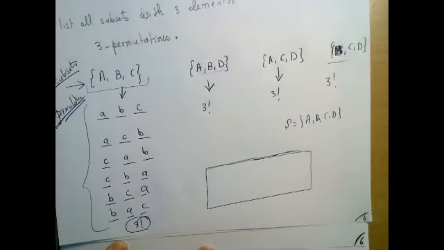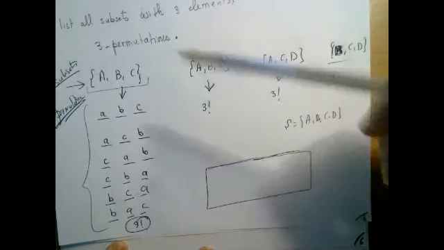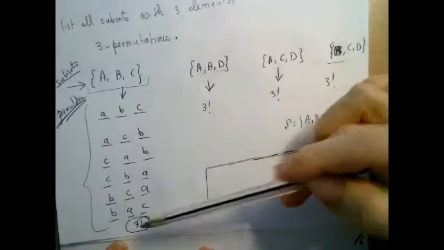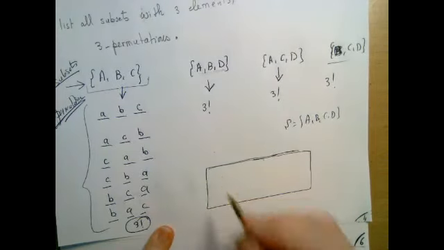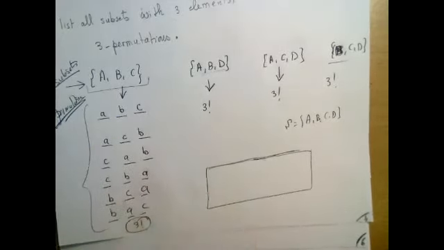Can anybody see any relationship between them? Using this example, I don't want anything else. Every subset, I have 3 factorial permutations. So what's going to be the relationship? Does anybody have any intuition?